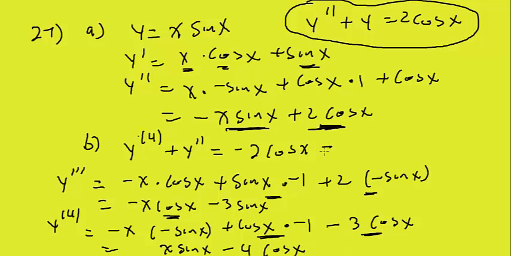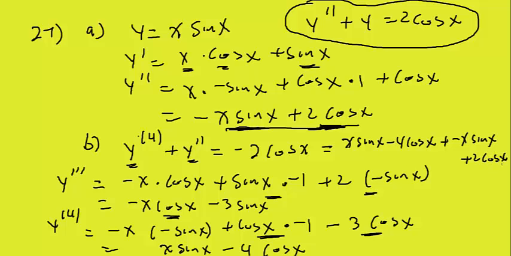I have to make that equal to the fourth derivative plus the second derivative. So let's write the fourth derivative, x sine x minus 4 cosine x, plus the second derivative, which is that one right there, negative x sine x plus 2 cosine x.